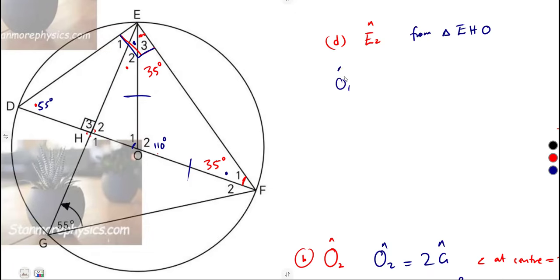So we can find angle O1, which is 180 degrees minus what? 110 degrees. So it's going to be equal to 70 degrees. So that's 70 degrees. We are talking about here angles on a straight line, all right? Angles on a what? On a straight line.